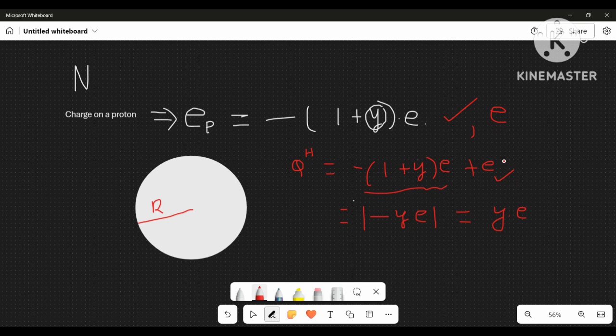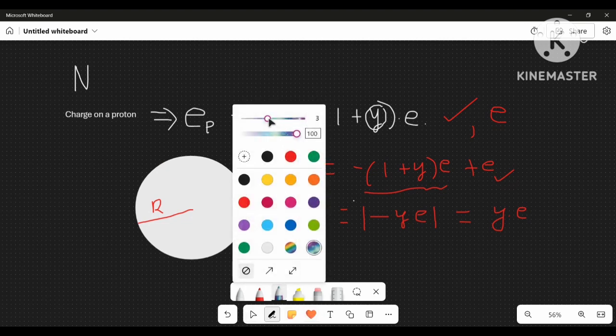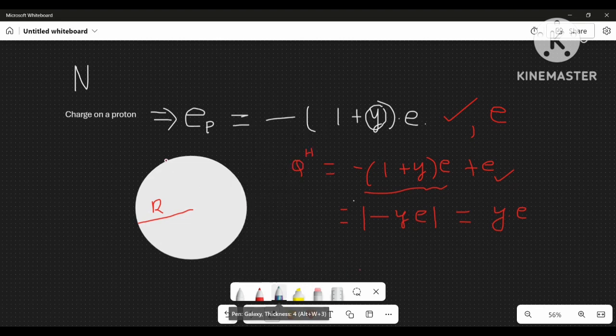Now, if we have obtained this much, let us understand what they are trying to say by expansion. So, picture that there is a hydrogen atom at the surface of this universe. Okay, this is the hydrogen atom at the surface.